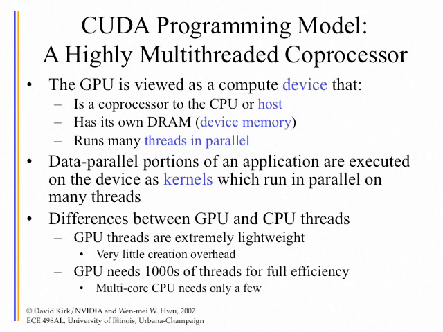There are two main differences between CPU and GPU that you always should keep in mind. It'll always help you to think through these things. One is the GPU threads are extremely lightweight. Creating 10,000 threads on a GPU takes only a few cycles. Less than 10. Okay, you can count those cycles with the fingers of both hands. Probably less than 5. So there's very little creation overhead.